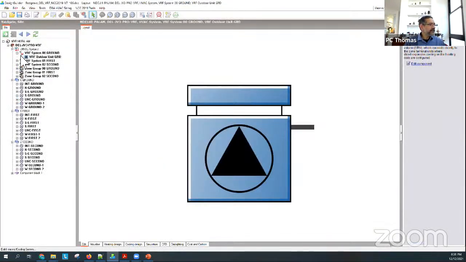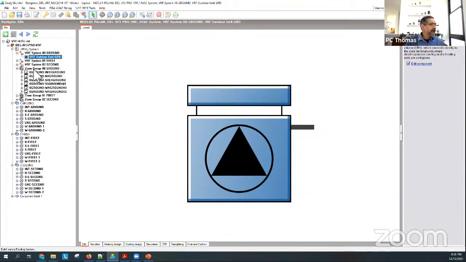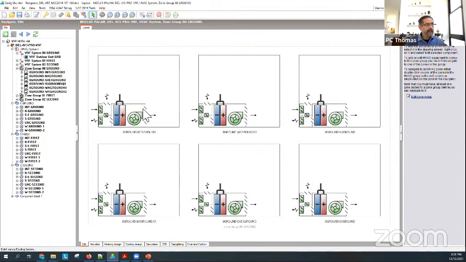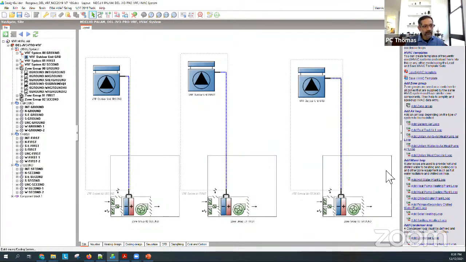Now that VRF system is connected to a series of zones. Okay. And I've got here a zone group, which has got all the ground floor zones on it. So when you see the system at the overall level, you'll only see one zone, but it is a zone group.